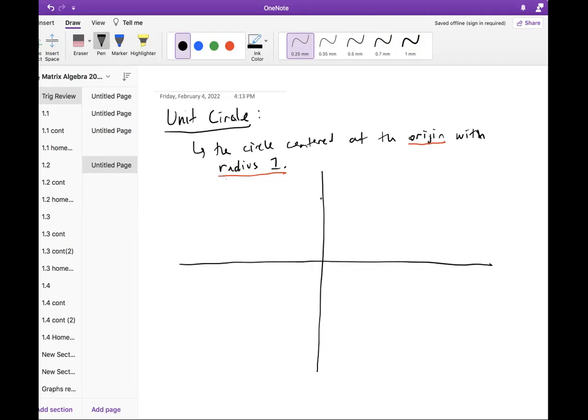Okay, so let's draw the unit circle. So this is radius 1. And we have some x and y.